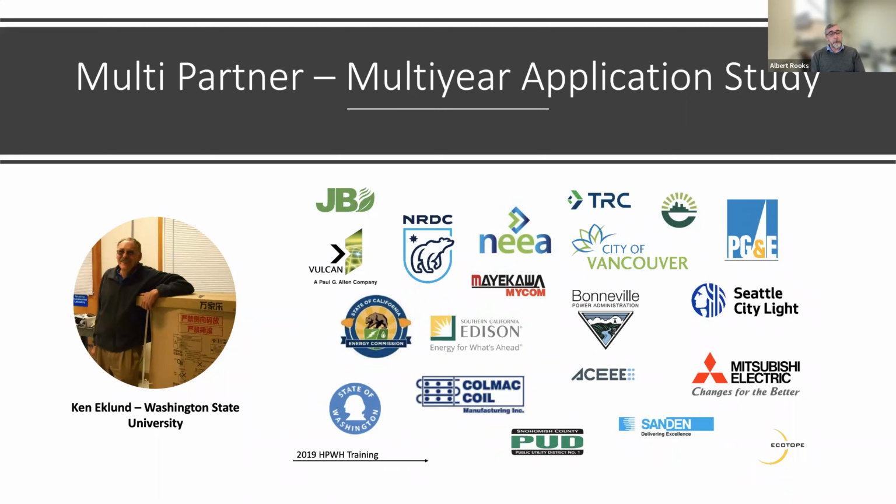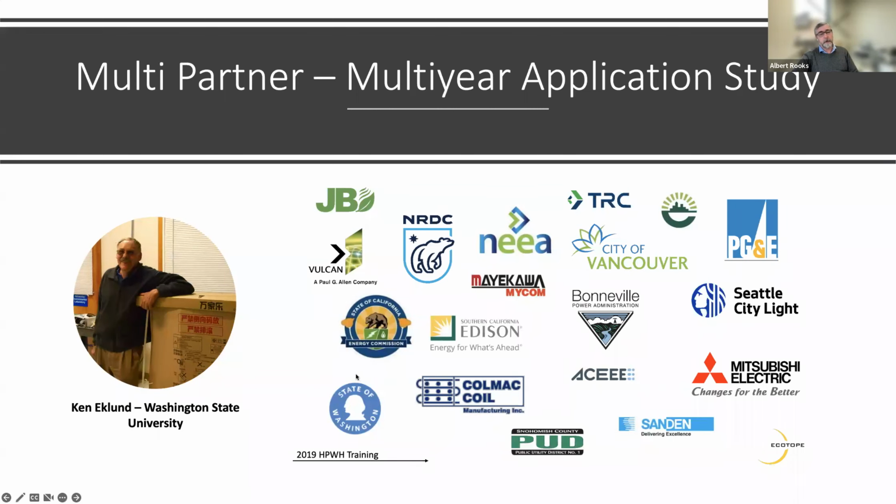And so really what we want to start with is that this is what we know today. It really started with a lot of research about 10 years ago, maybe a little bit longer. And over the last 10 years, there have been a lot of partners working in the US and Canada to really understand how to shift from boilers that have really high recovery rates into heat pumps.